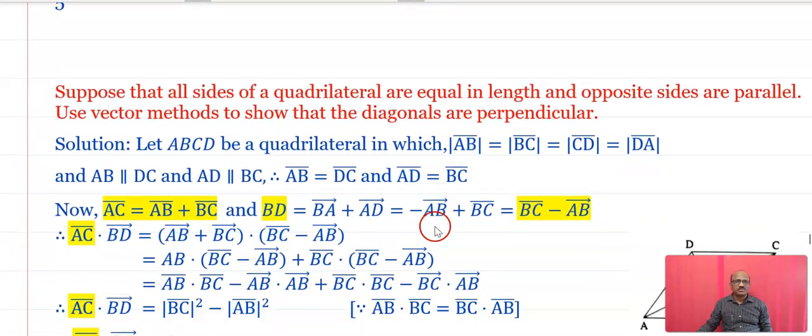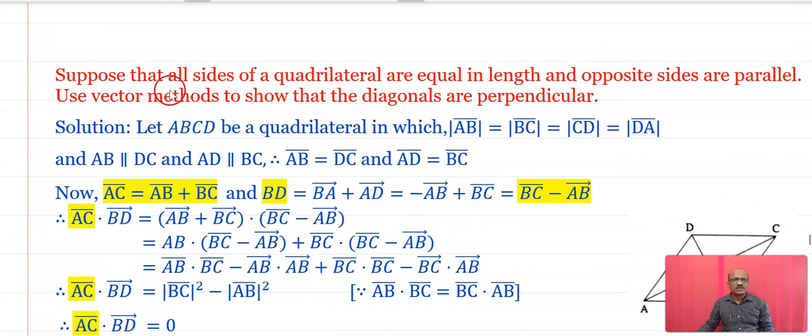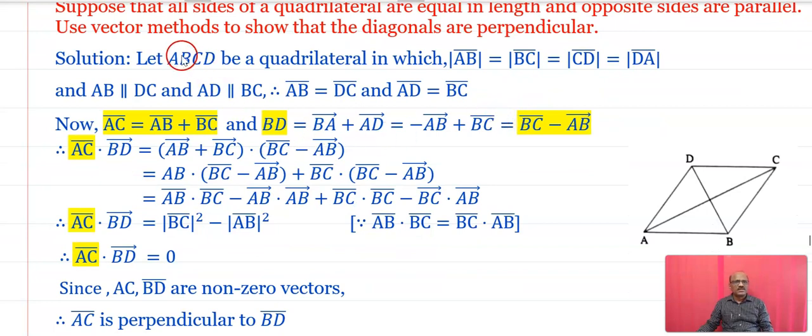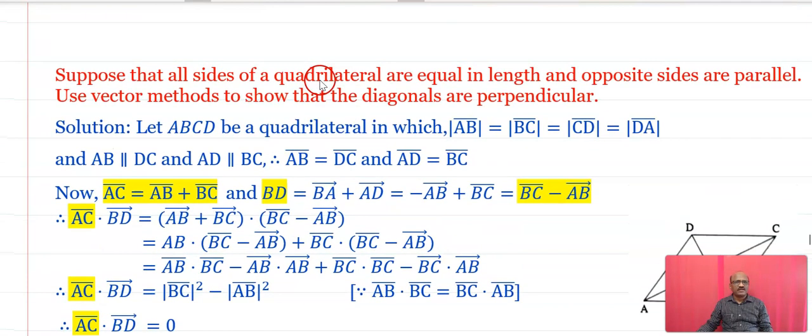Now the next problem. Suppose that all sides of a quadrilateral are equal in length and opposite sides are parallel. Use the vector method to show that the diagonals are perpendicular. Now the solution. Let ABCD be a quadrilateral in which we are given that all sides are equal. That is, mod of AB bar, mod of BC bar, mod of CD bar is equal to mod of DA bar.